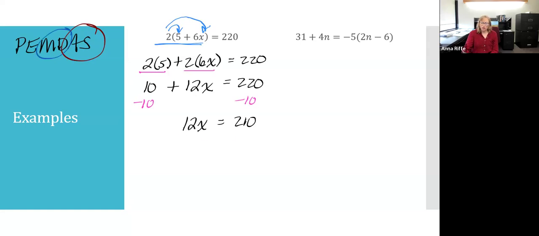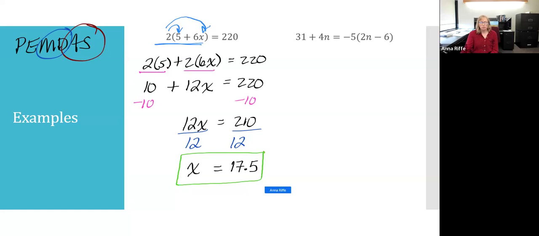I'm going to do the opposite of multiplication on the left-hand side. I can do that as long as I do the exact same thing to the right-hand side. So that leaves me with 1x on the left is equal to 210 divided by 12 is 17.5. Do that in your calculator. That should be what you get. So x is equal to 17.5.